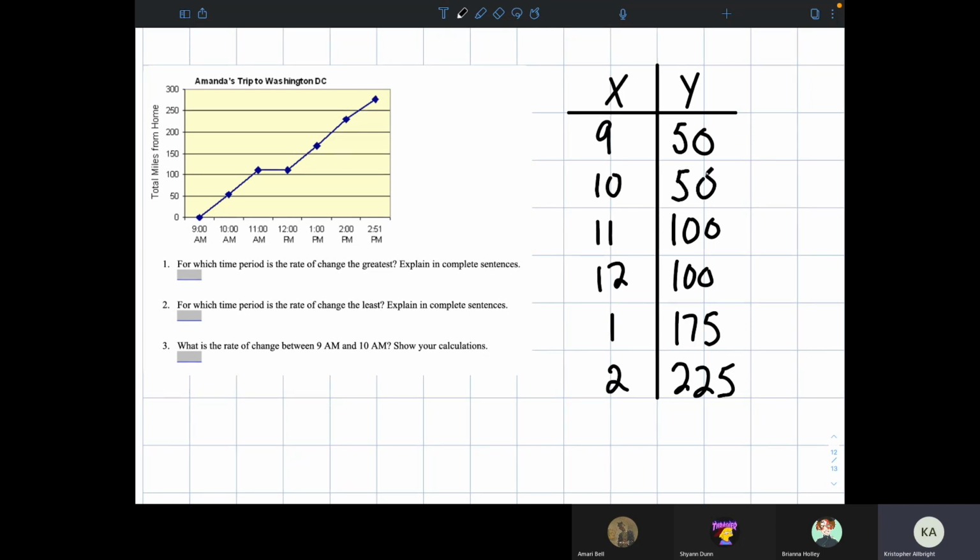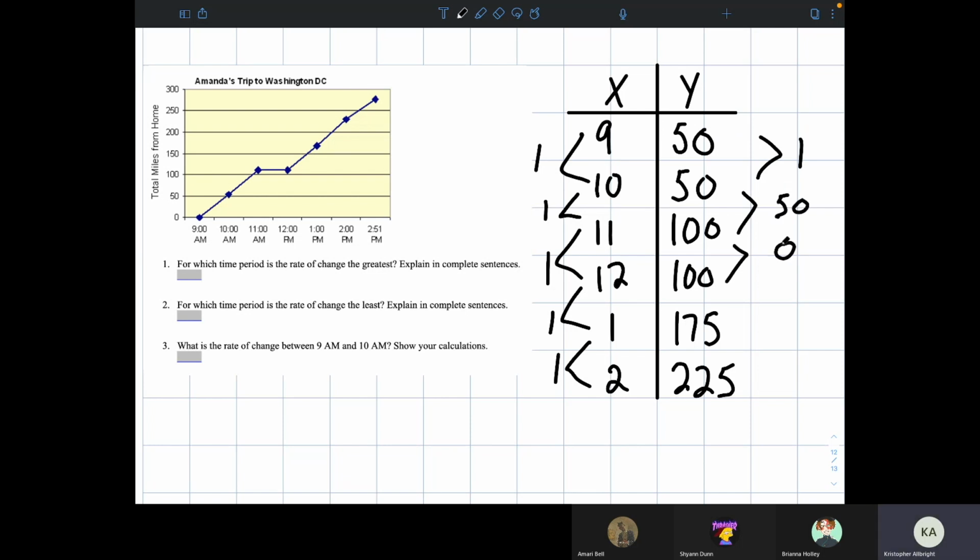So what we're looking for here is these all change by 1. So our rate of change on hours is 1. It's changing 1 hour every time. It's steady. But over here, we have 50, 0.